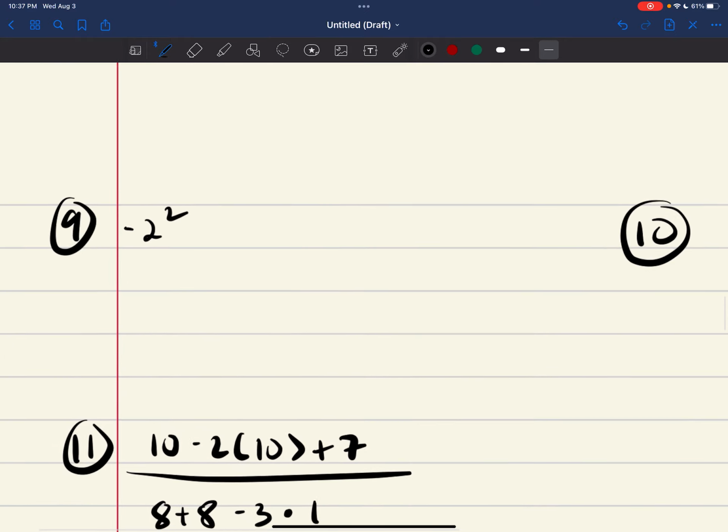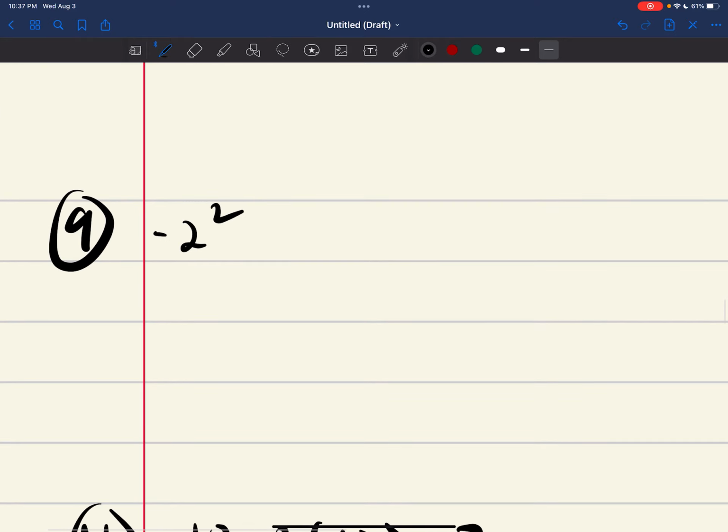Okay? Now over here, we have a negative 2 raised to the second power. Now, I need you to understand that if you have a negative in front of that 2, or a negative in front of any number, that is the same thing as negative 1 times this 2 squared.